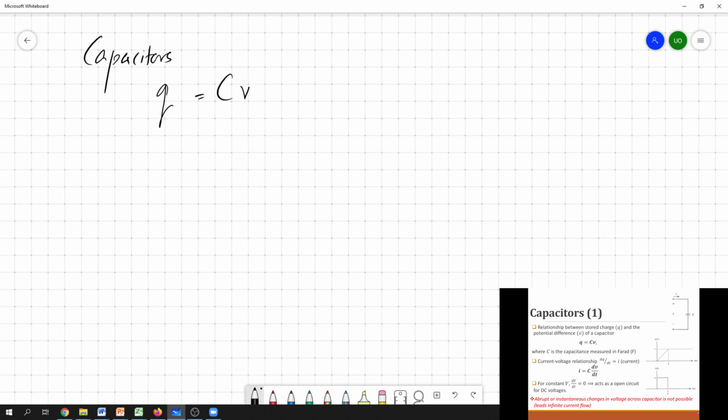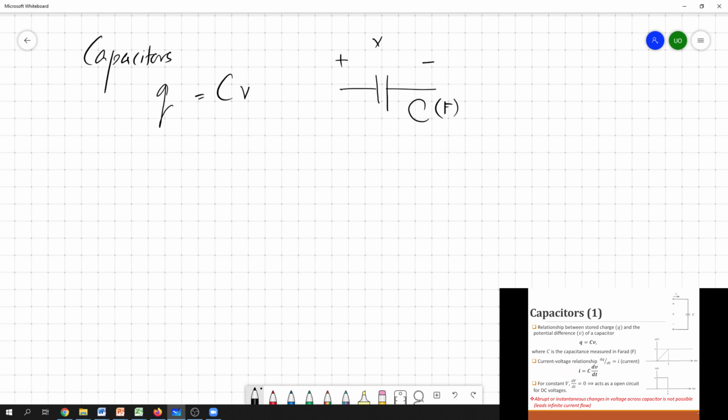Q is the stored charge of the capacitor. If you have a capacitor like this and you apply a voltage across it, the capacitance of the capacitor is C farad.